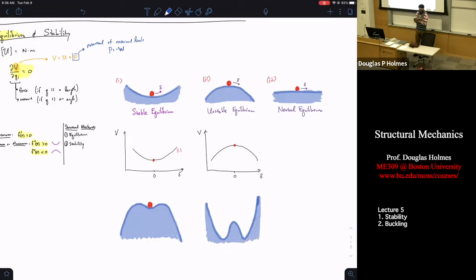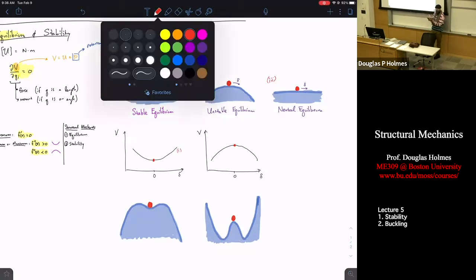In this case, this structure is unstable in the small, but stable in the large. Poke it a little bit, it's going to roll off. But then you get here, and this thing is going to be robust against really large disturbances in either direction. So it's unstable in the small, a tiny perturbation will change the potential energy of our system, but it's going to find another happy place.